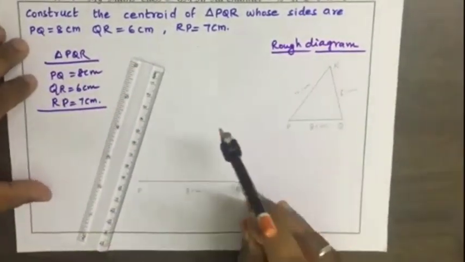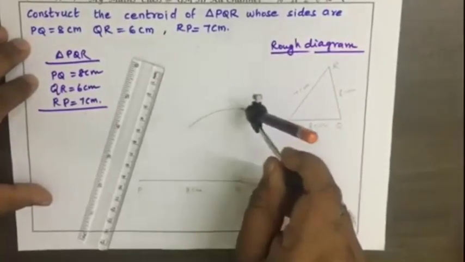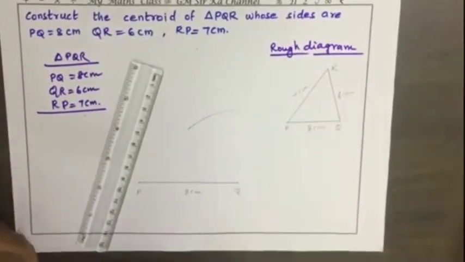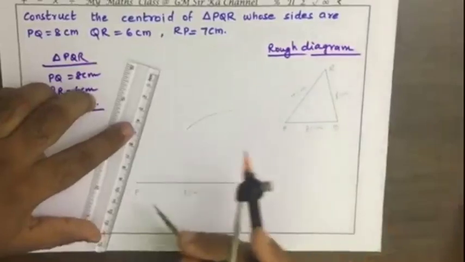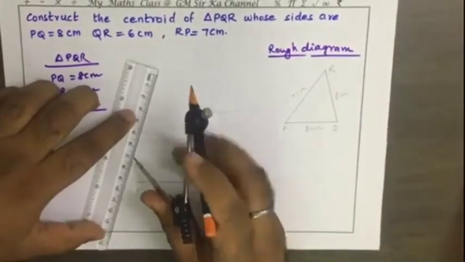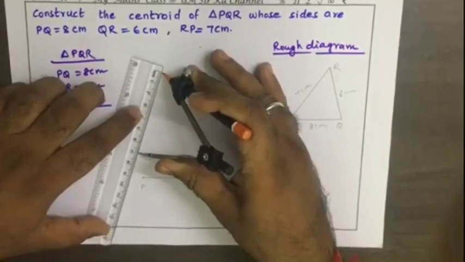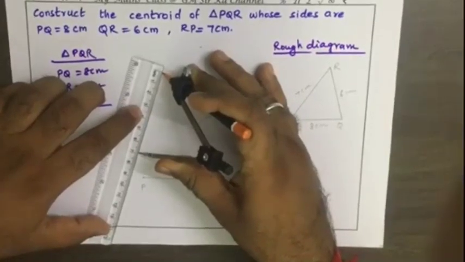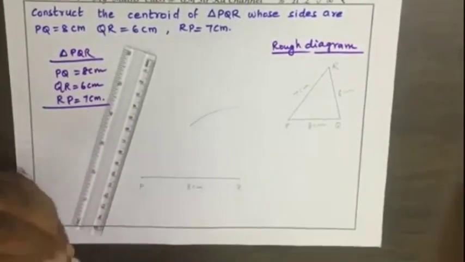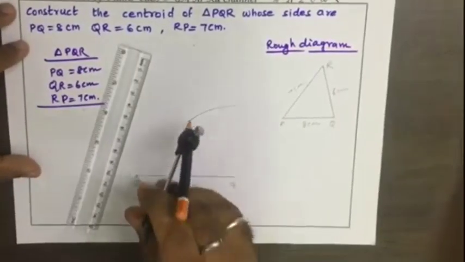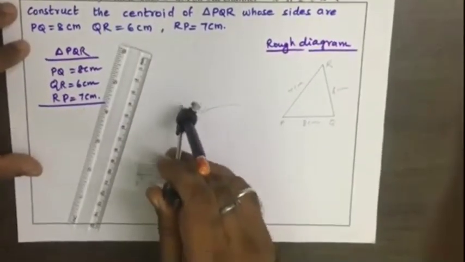Now draw an arc with center at Q, because QR means the center is Q. Next measurement, RP equal to 7 cm. Take 7 cm in your compass, with center point P, and draw the arc.